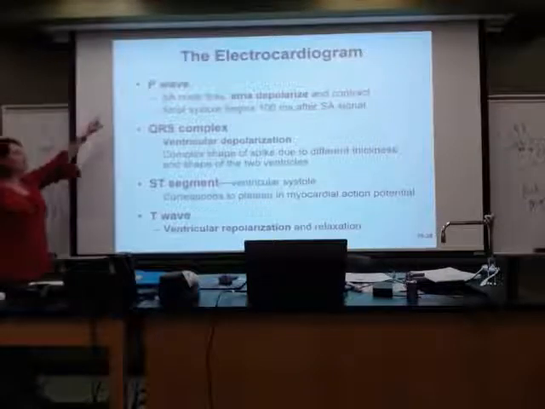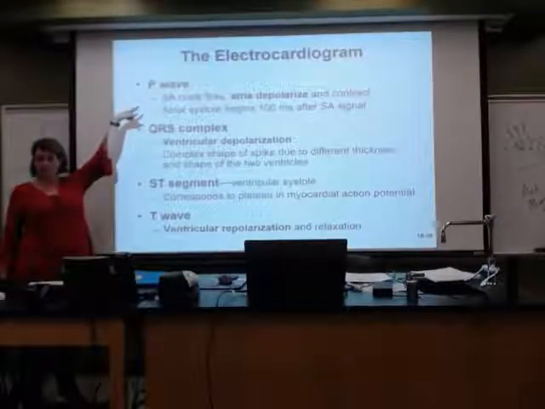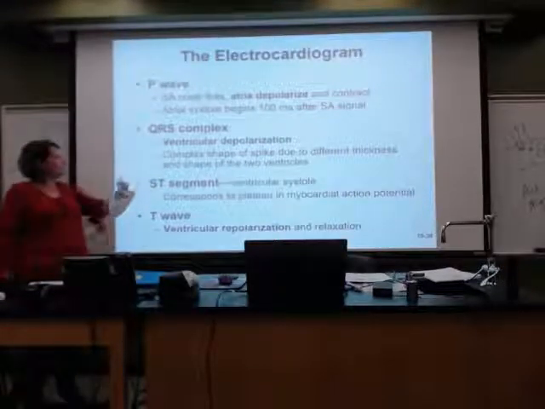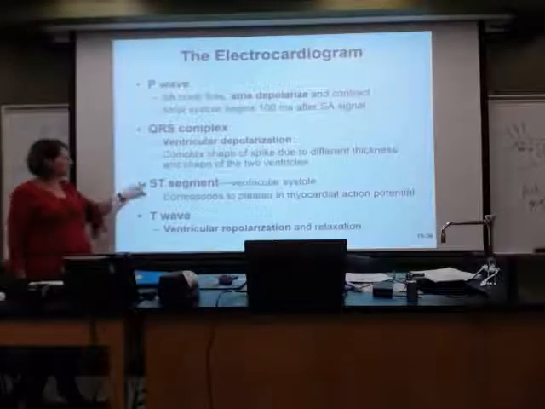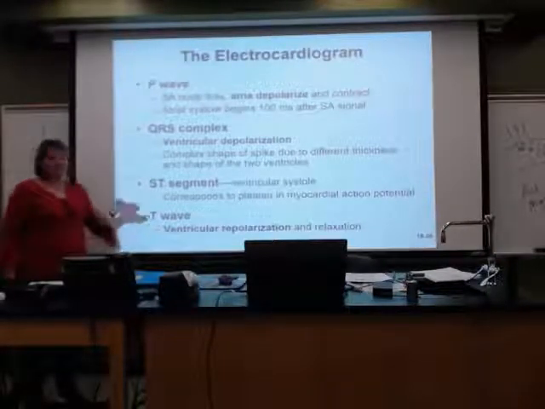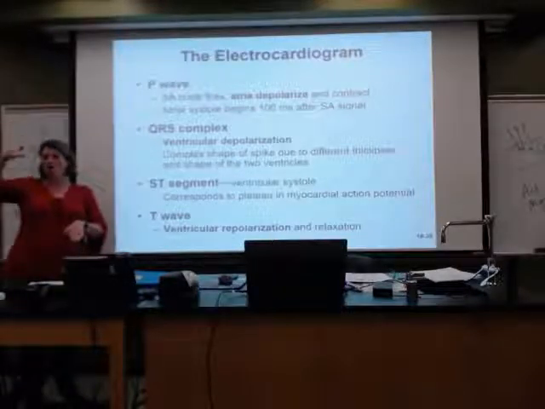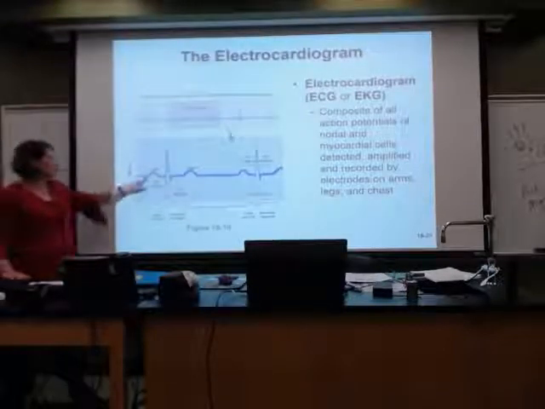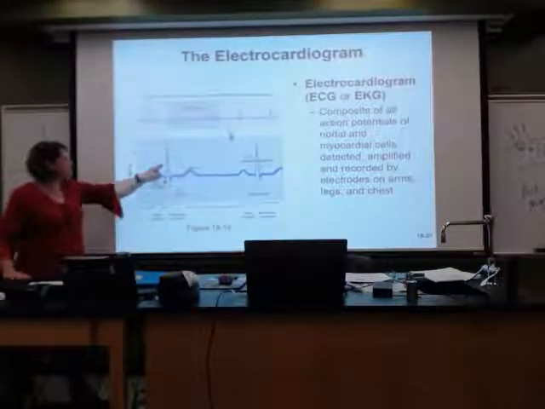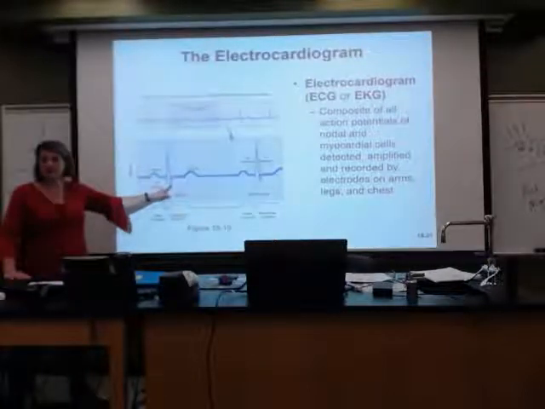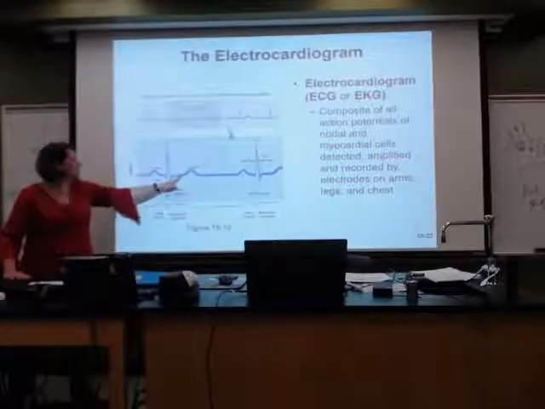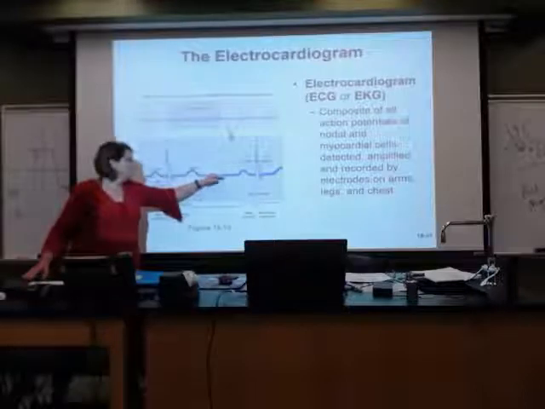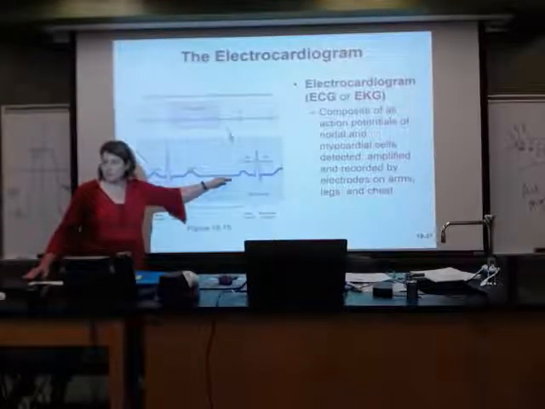We have a P wave, QRS complex to a sharp peak, a segment, a little bit of a line, the ST, and then we have the T wave before it starts all over again. So here's my P wave, my QRS complex, my little bit of a line for my ST segment, and then my T wave, and then the resting period between the next heartbeat.